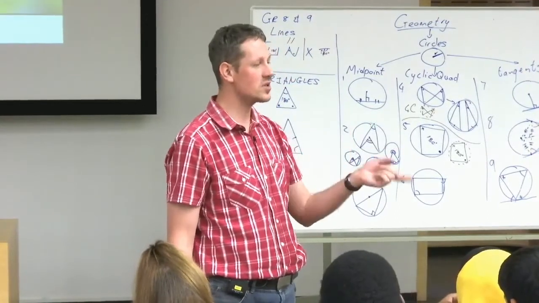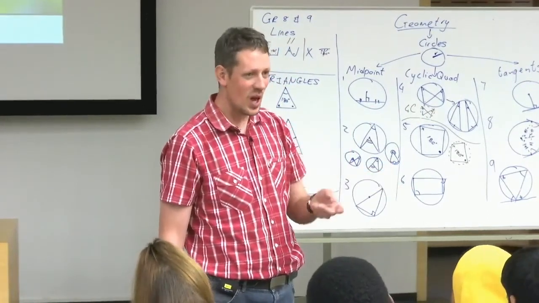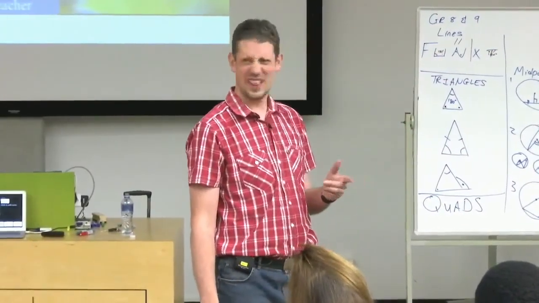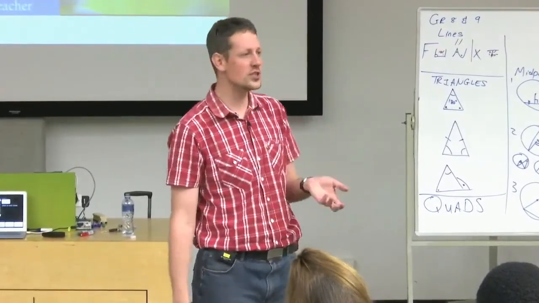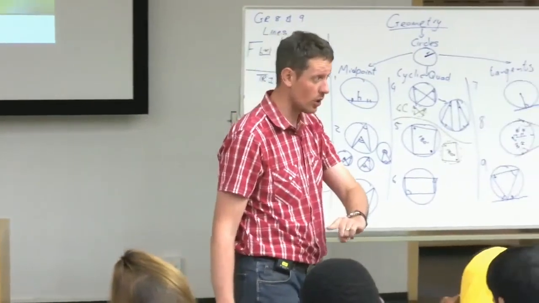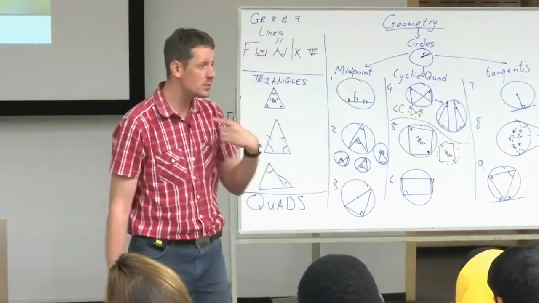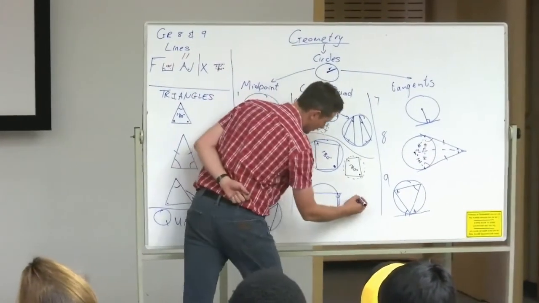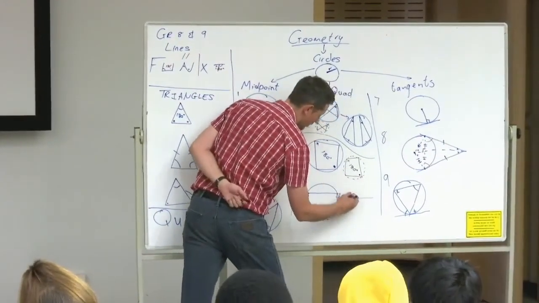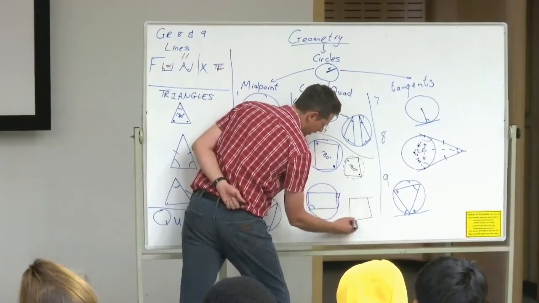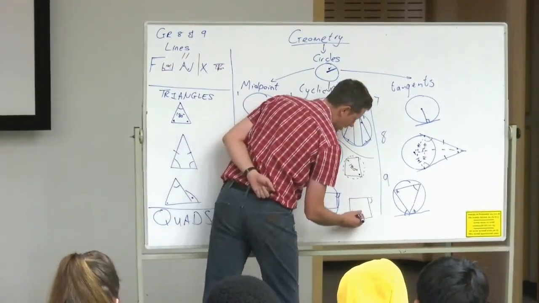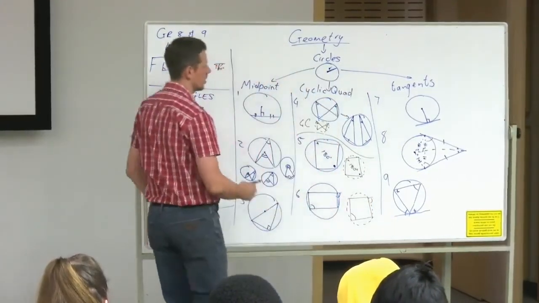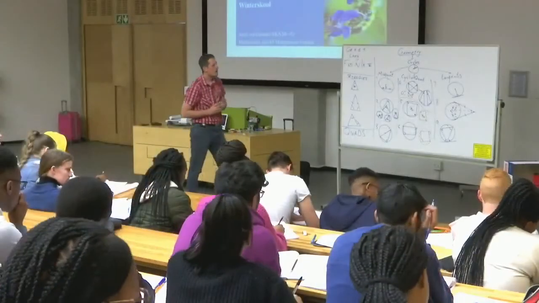Because the opposite angles add up to? Are all parallelograms cyclic? No, because we just know that they are equal. They're not necessarily adding up to 180. Now, theorem 6's converse says, if I have the exterior angle equal to the interior opposite angle, then I could draw a circle around that. Okay.